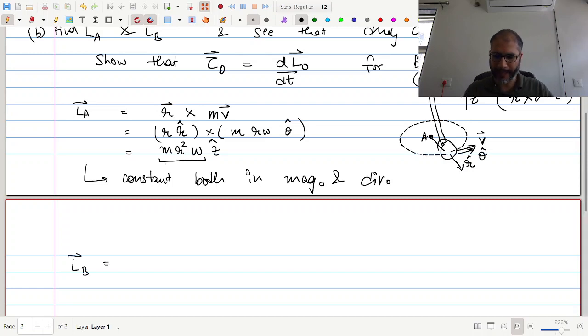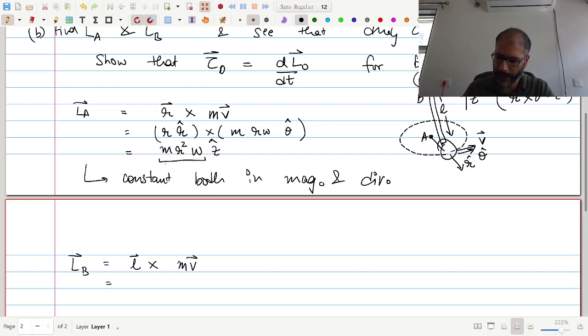Next we have to find LB. So B was this point, that is the point at which the rod is hinged. For this case we'll again use the ideas of vector. So we'll call L as the vector from the point B to the bob. So it's L vector cross with the momentum, which is still mv.